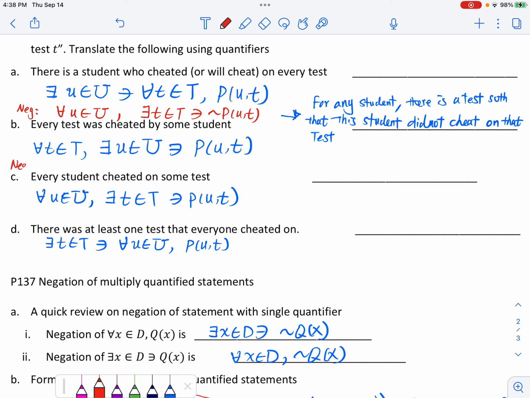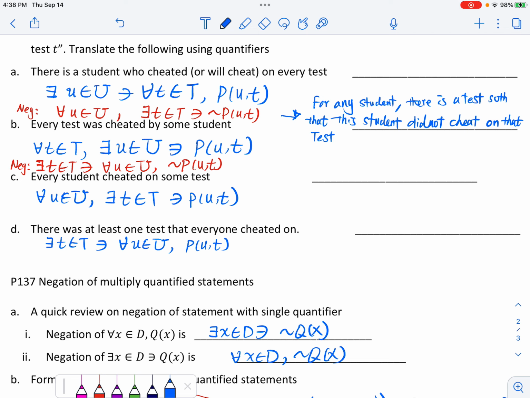The negation is: for all becomes there exists t in T such that for all u in U, and we negate P of (u, t).